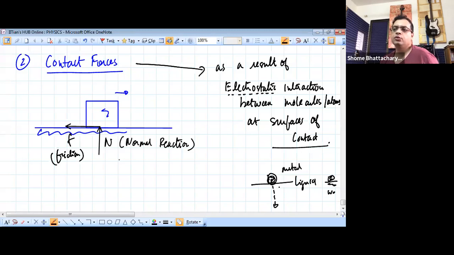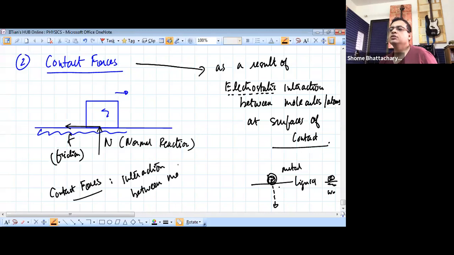So whether you talk about friction or normal reaction, it is that interaction. So contact forces are interactions between molecules of materials. So that is why at a fundamental level, they are which type of forces?